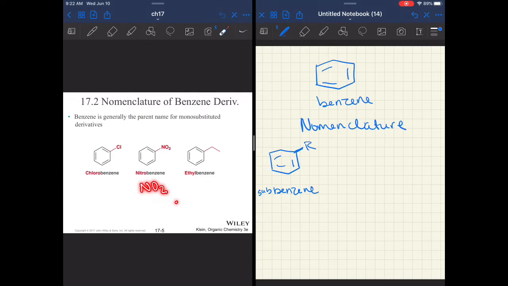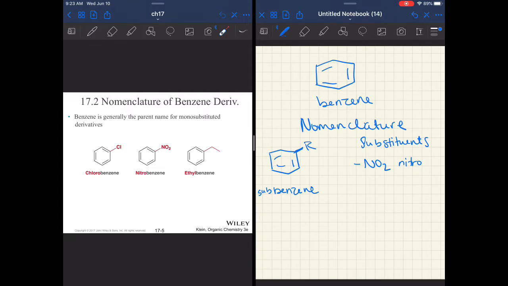Depending on your organic 1 experience, you may or may not have named the substituents. So let's make a little list of substituents you should know that may or may not be new. NO2 is a nitro. Nitro groups are never the parent. They're always a substituent. So you should know that name. Your alkyl groups, you definitely should know from organic 1, just like the halogens.